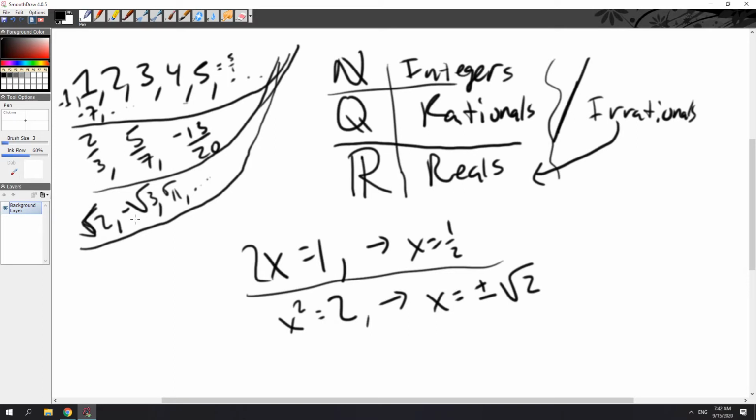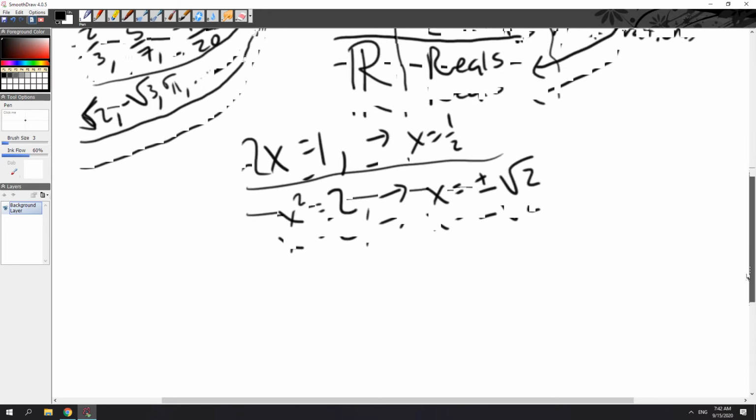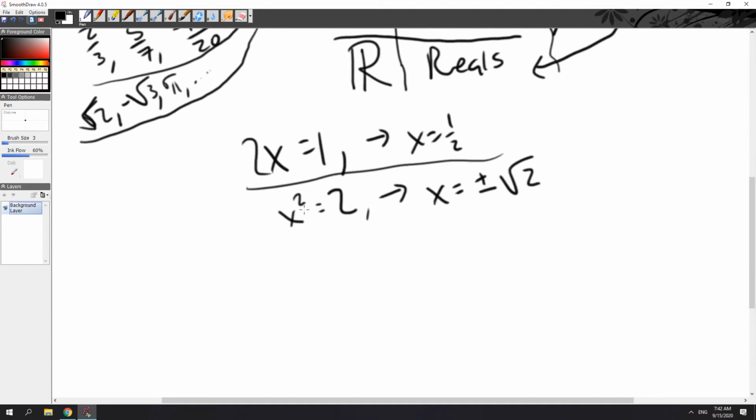Pi is used in the real world all the time to relate circles to their diameters. All of these numbers can exist in the real world. But then what do we do when we have x² = -4? What do we do in this situation?